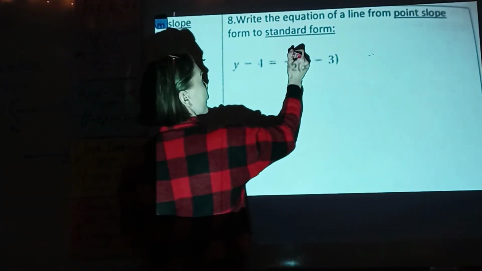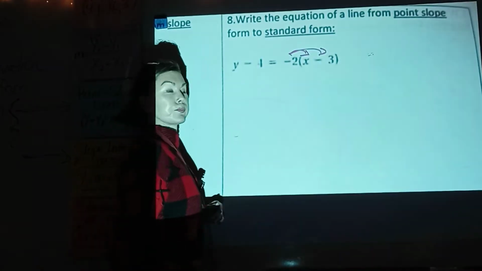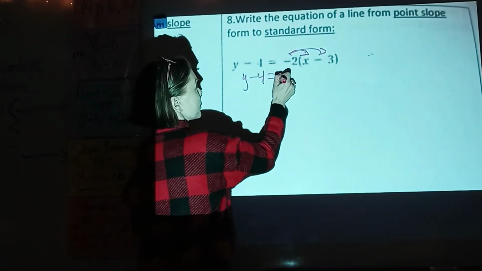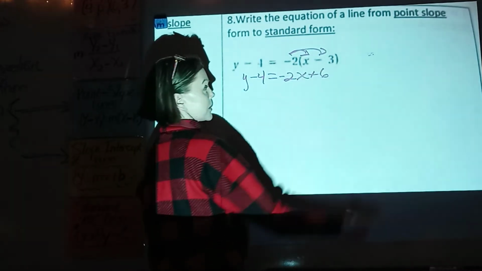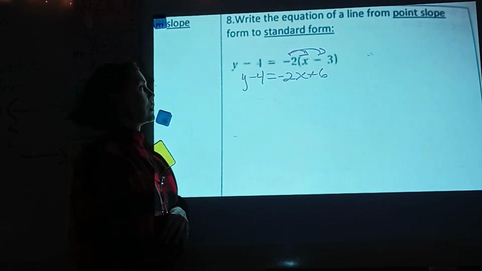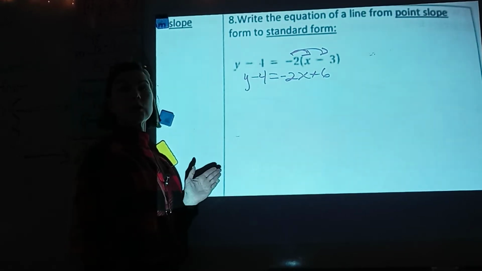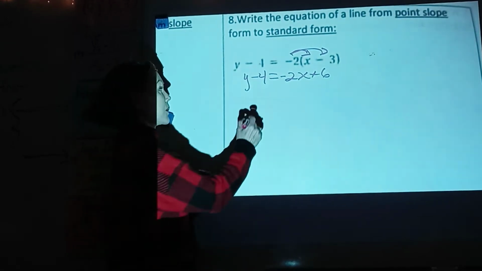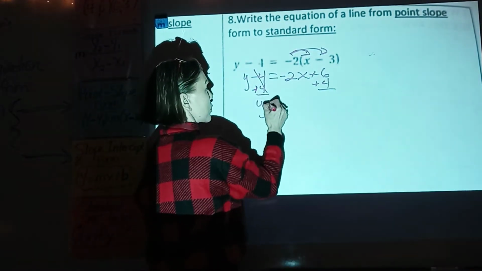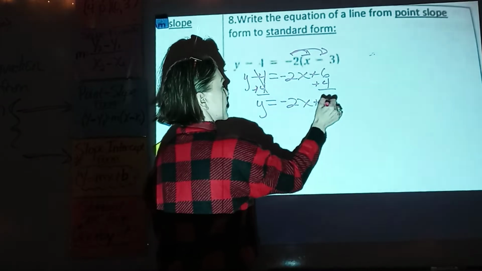Bring down your y minus 4 equals -2x plus 6. Have we solved for y? Nope. What's the only step we have to do to solve for y? Add 4 to both sides. Those cancel. Bring down your y equals -2x plus 10.